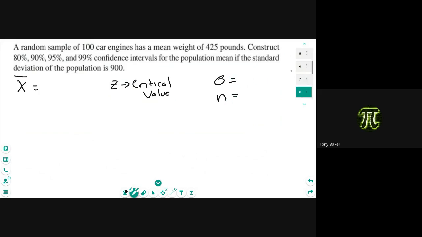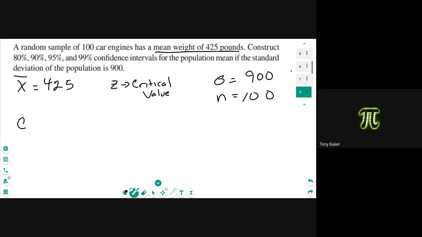So in this problem, what's my mean? 425. What's my standard deviation? 900. What's my sample size? 100. And my Z or my critical value is going to change depending on the problem that I'm looking at.